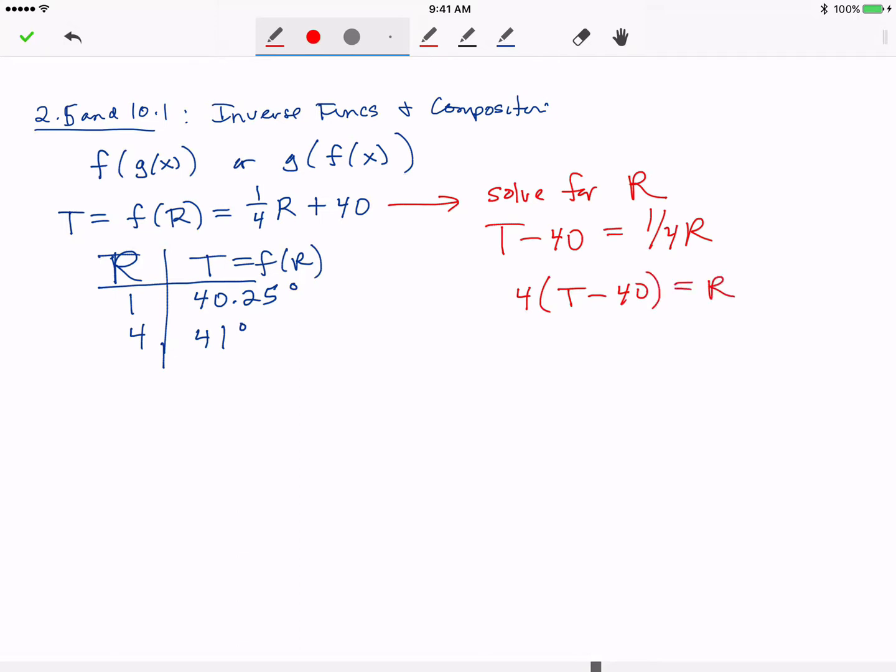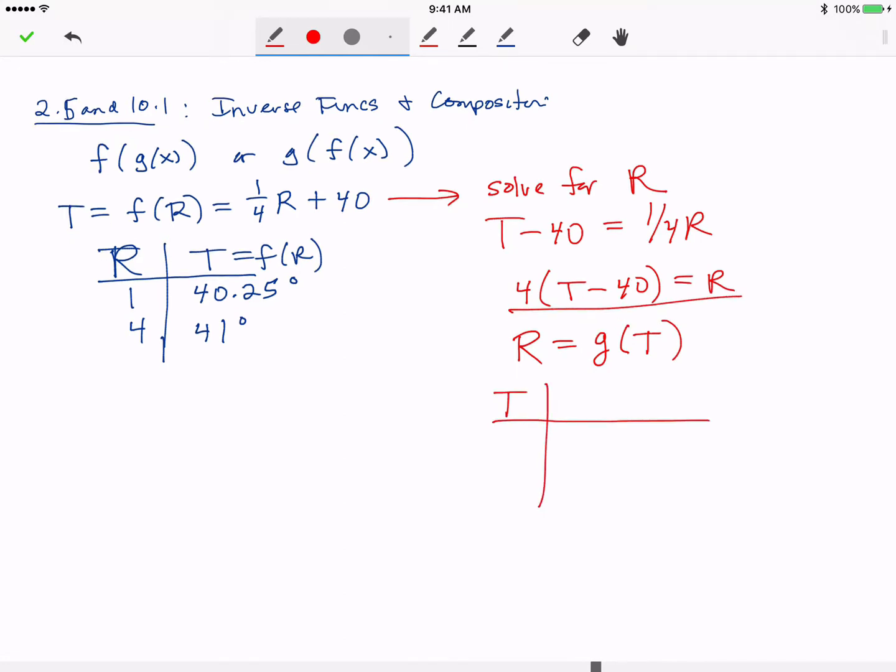And now if we turn this around, we have a formula for the chirp rate, which is a function g of the temperature. Okay. So now we can use this second formula to take a temperature and use it to predict what the chirp rate of these insects is going to be.